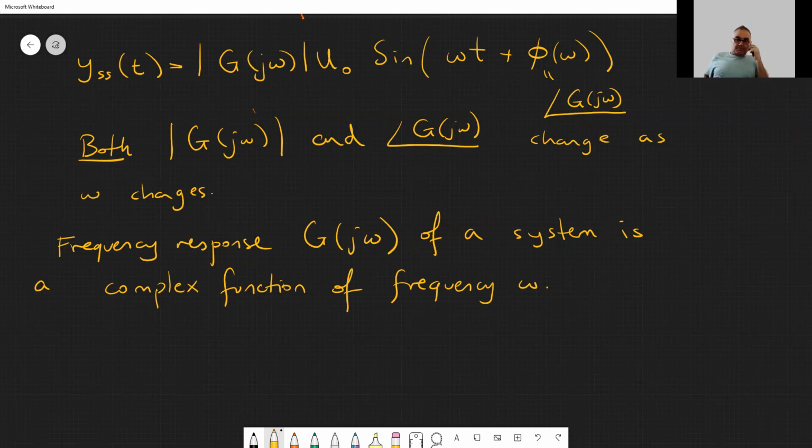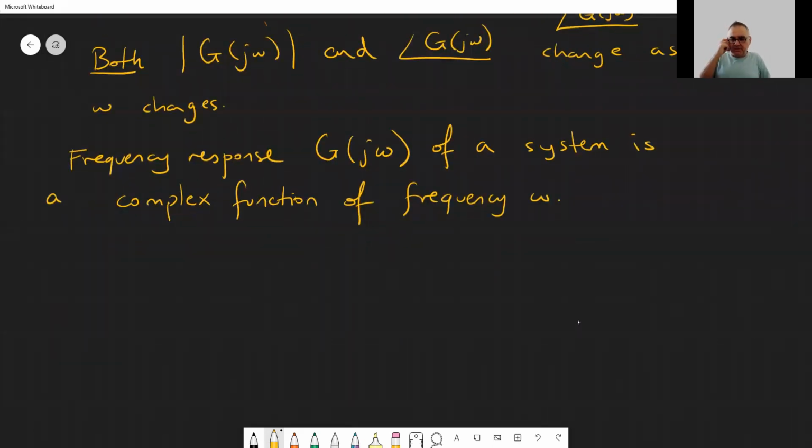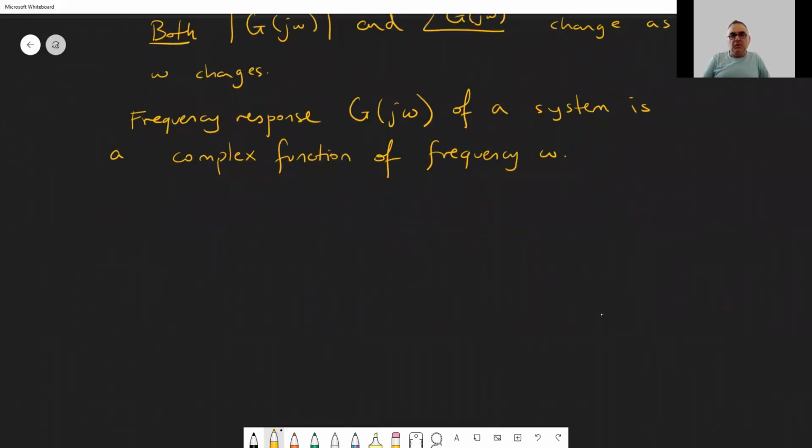Well, we can therefore find the response of systems to sinusoidal inputs. You are probably wondering why we are doing all this, but at this point, it is not so easy to understand that. But as I have been telling you, this is fundamentally important in the analysis of systems.